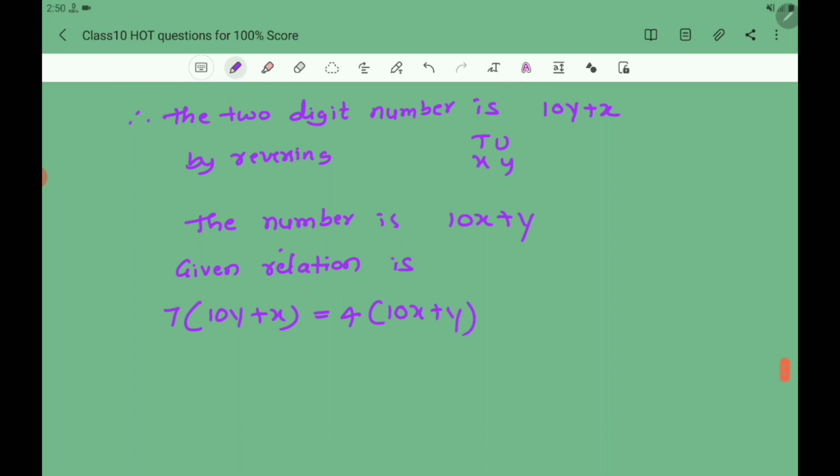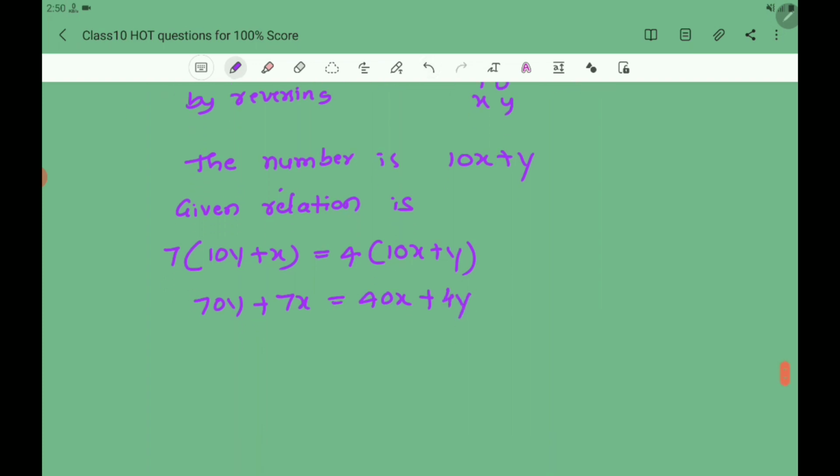So you multiply: 7 into 10y is 70y plus 7x equals 4 into 10x is 40x plus 4 into y is 4y. Then 70y plus 7x minus 40x minus 4y equals 0.